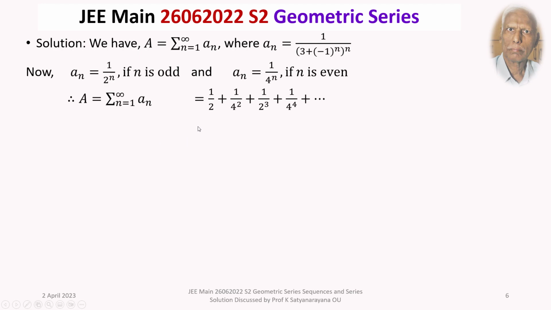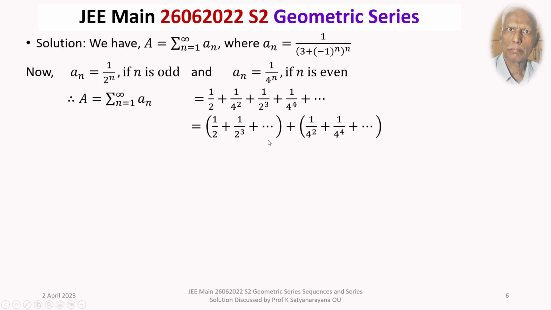Now what we observe is there is one series that is running as 1 by 2 plus 1 by 2 cube plus 1 by 2 to the power of 5 plus so on and so forth. The other series that is running is 1 by 4 square plus 1 by 4 power 4 plus 1 by 4 power 6, so on and so forth. So separate them.